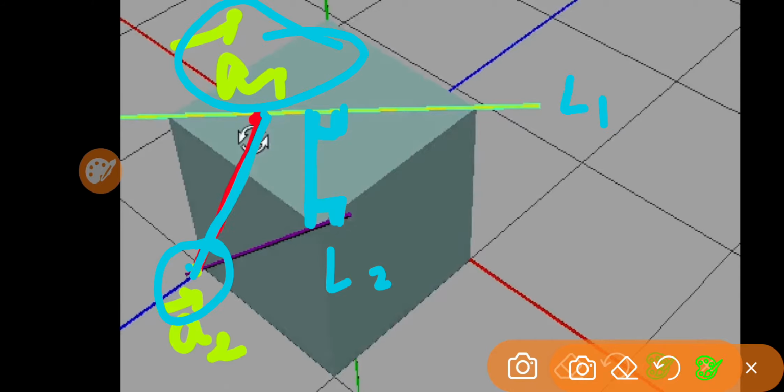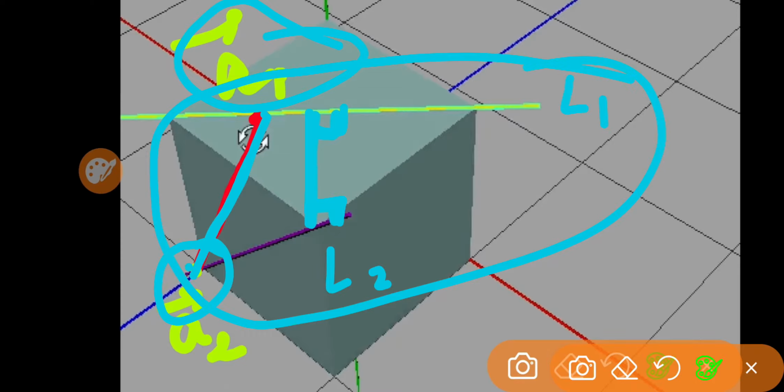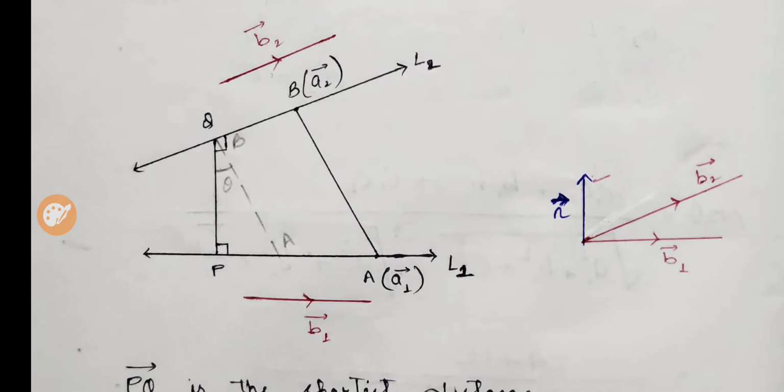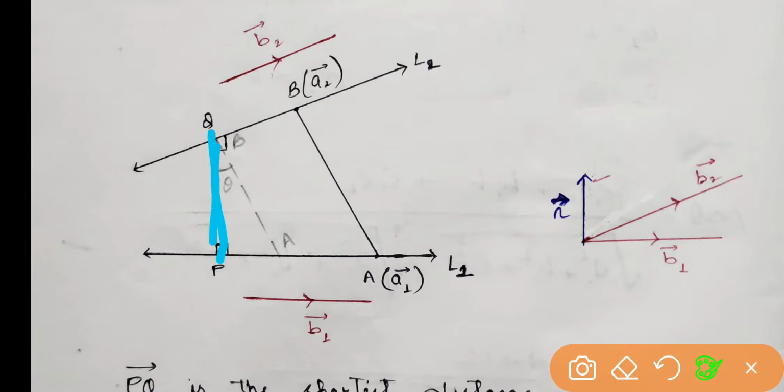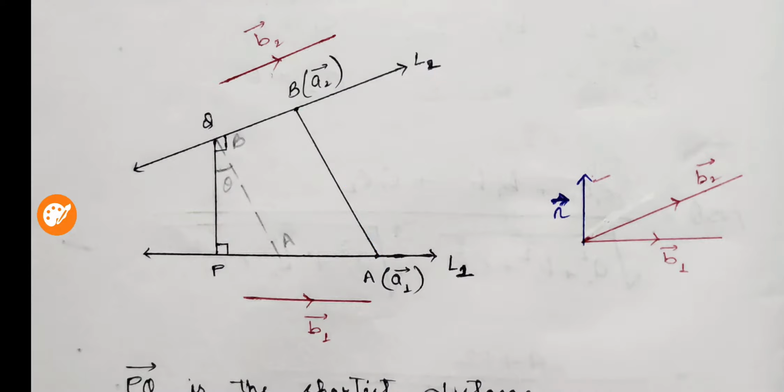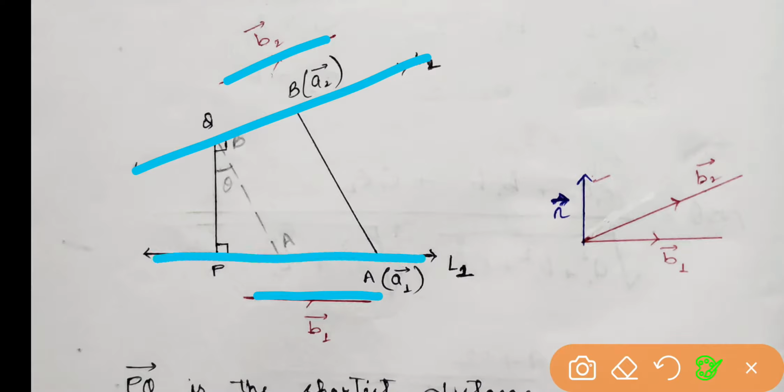Now I will represent this whole situation on paper, so you should not be confused. Remember, there we have a perpendicular line and a line joining a2 and a1. Try to relate this picture and that picture. This is the perpendicular, and this is the line joining a1 and a2 which I have already shown there. This line is parallel to b1 and this line is parallel to b2.